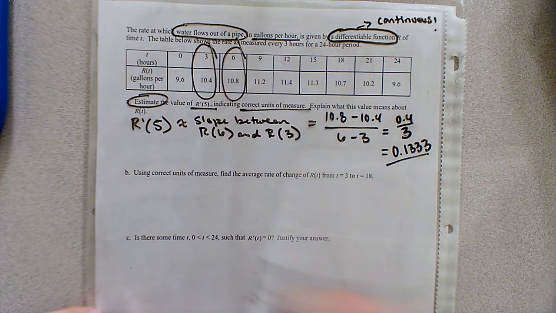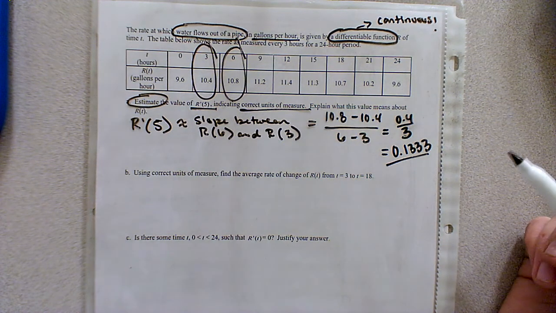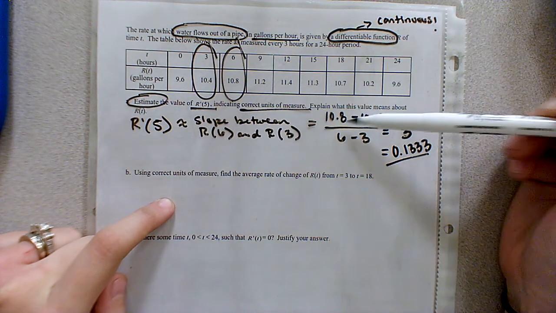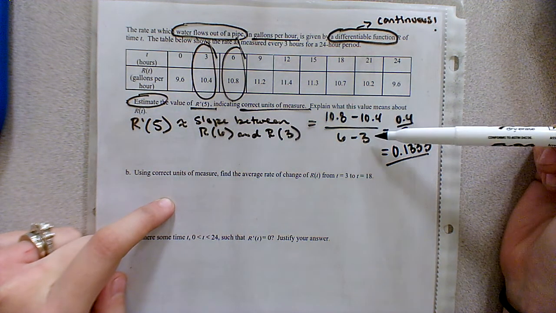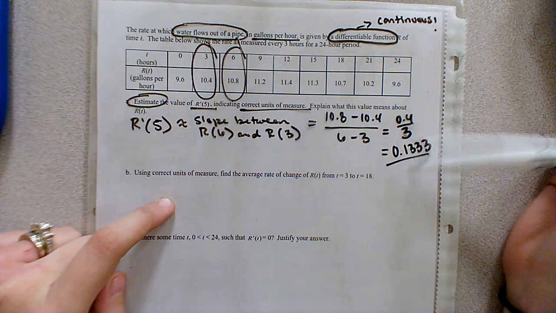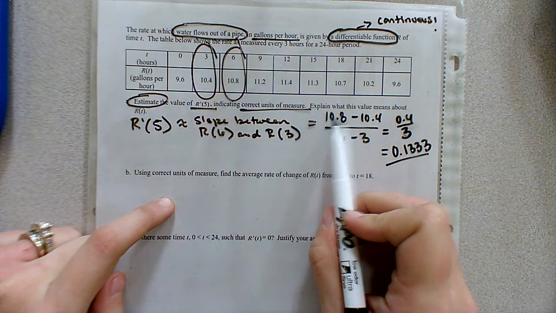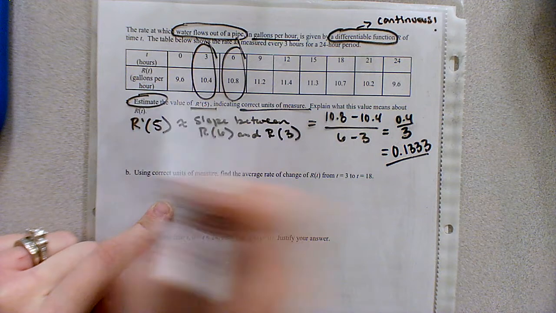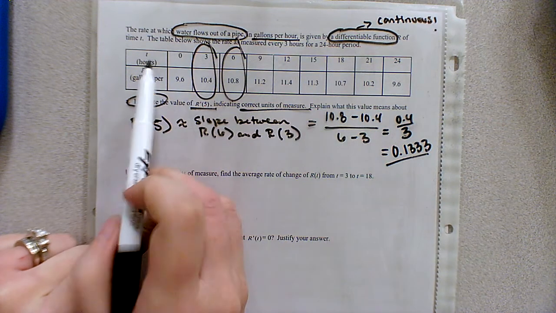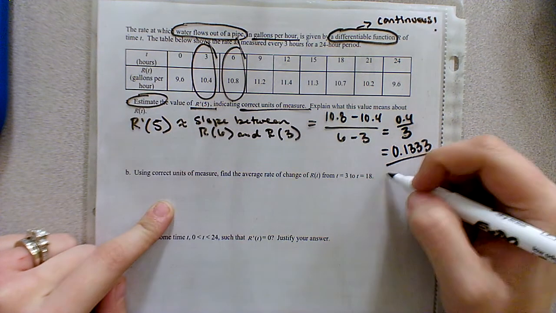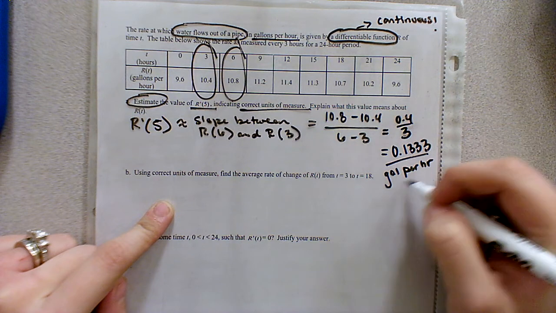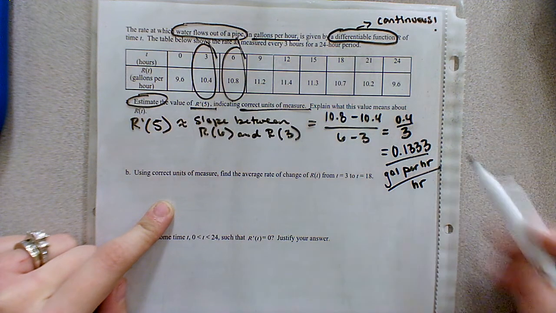But we want to include the units and explain what this means in terms of the scenario of water flowing out of the pipe. To figure out the units, we go back to what these numbers actually mean. The 10.8 and 10.4 represented gallons per hour, and then we're dividing by another hour unit. So we could write this as gallons per hour per hour.